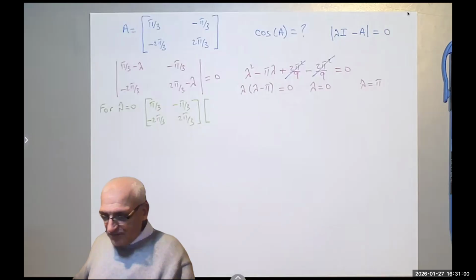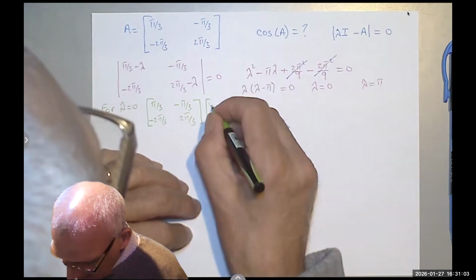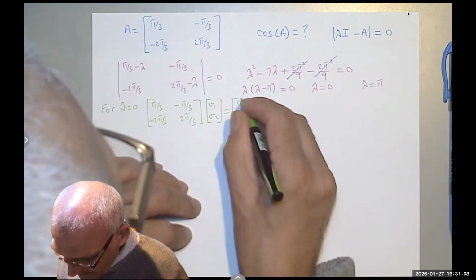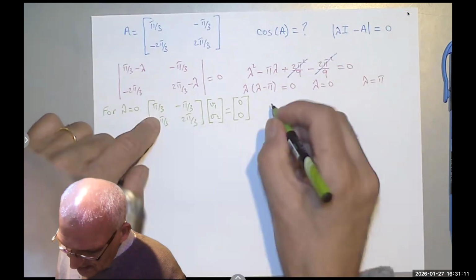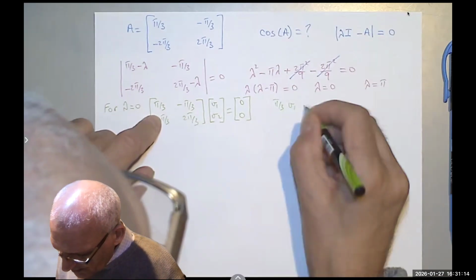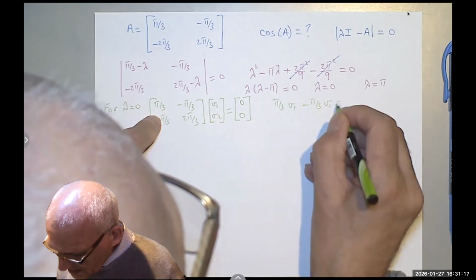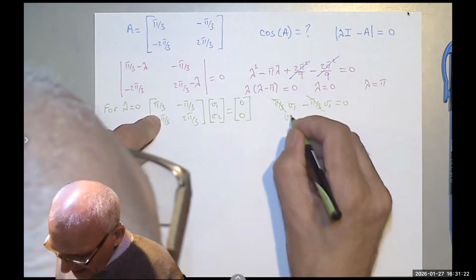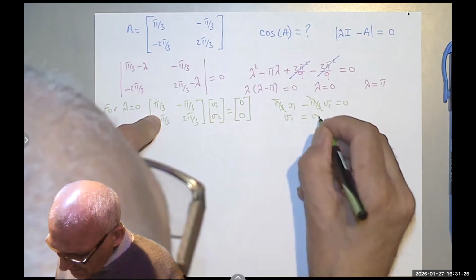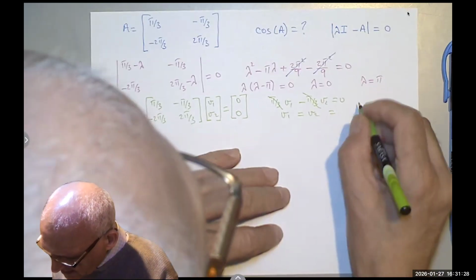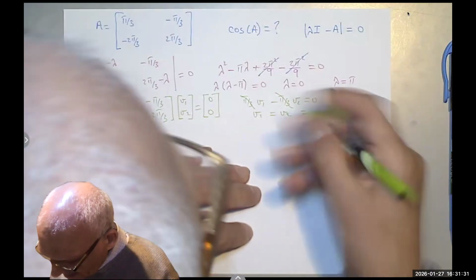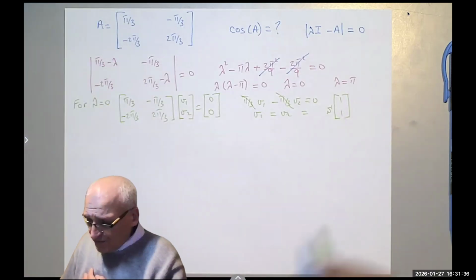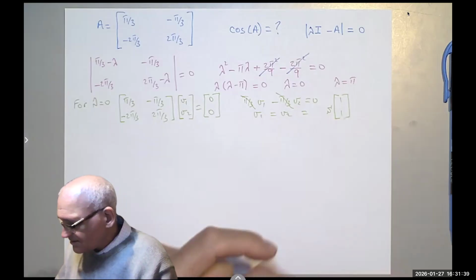So we have a null space of 1, and basically when you multiply that by the vectors v1 and v2, you get 0. You only need one equation, so you get pi over 3 v1 minus pi over 3 v2 equals 0, meaning they are equal, right? Meaning if I divide by pi over 3 and add v2 to both sides, you get v1 equals v2. So I can write it as s or any number times 1, 1. So that's the first eigenvector.